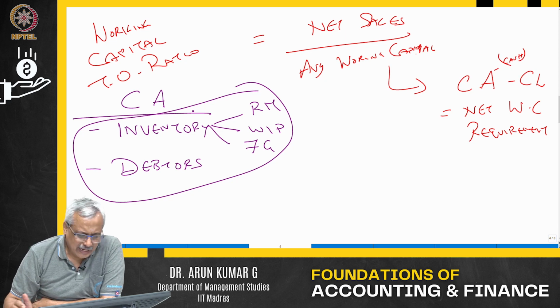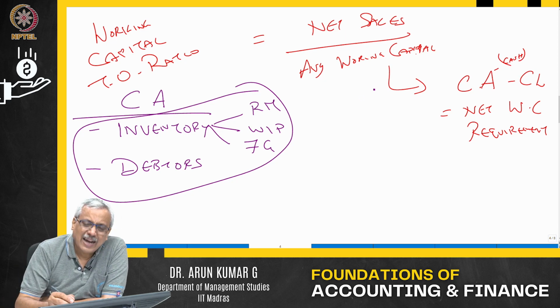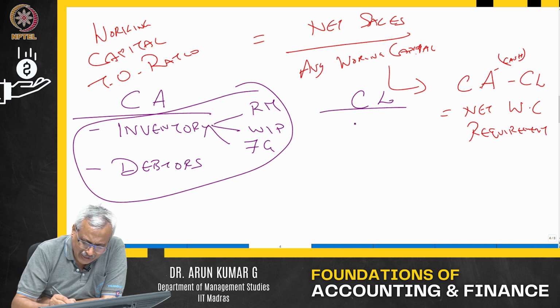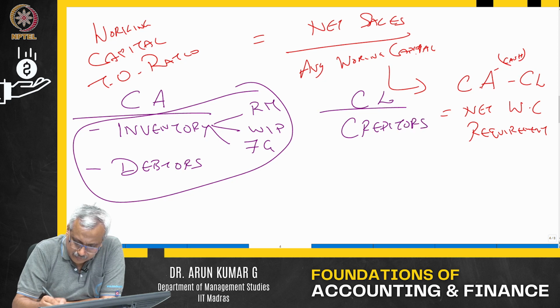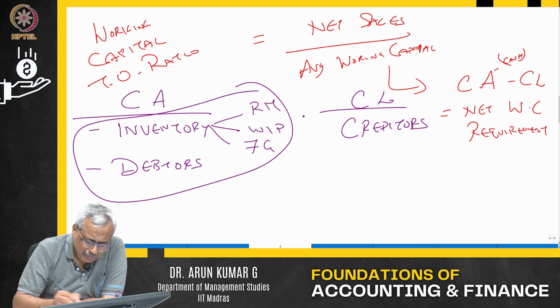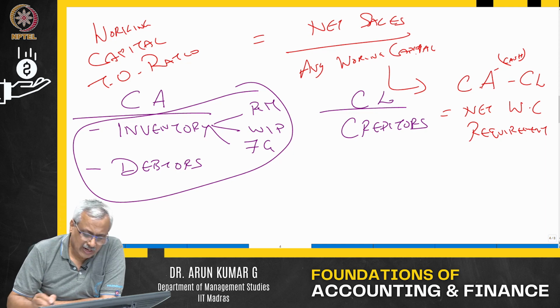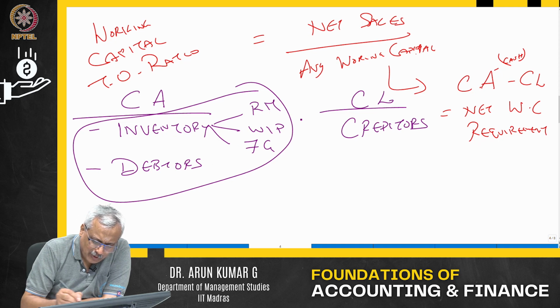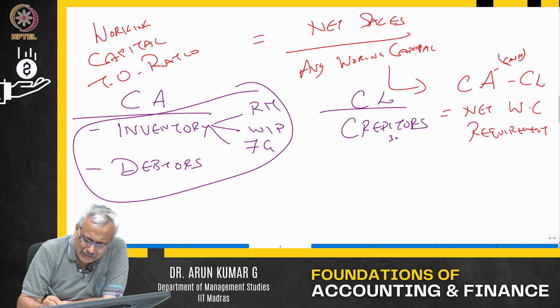Now, what is the net working capital? Now, I will say, I have my current liabilities also here. I buy on credit. When I buy my raw material on credit, that means that fellow will give me 30 days credit.